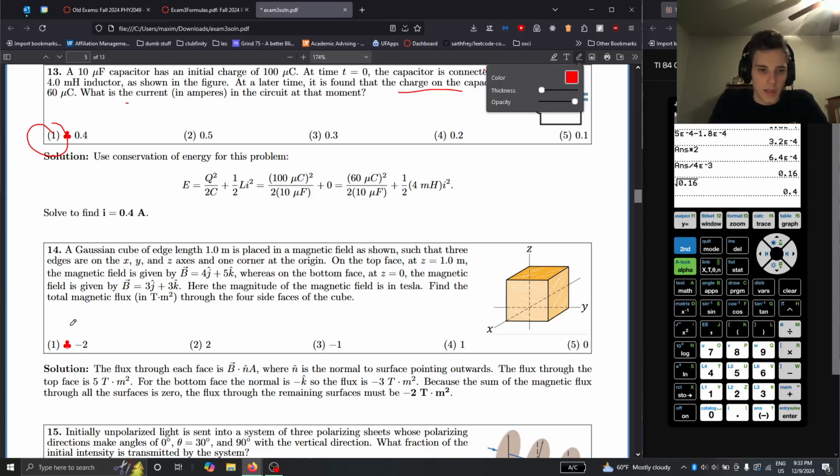Top face, the magnetic field is given by that. Well, coming out here, this is going to be 5 in the direction coming out and 4 in this direction. In terms of magnetic flux, the amount coming out of this edge is really only proportional to the z component. So we'll say this is 5. Similarly, this is 3 over in the y and 3 in the other direction.